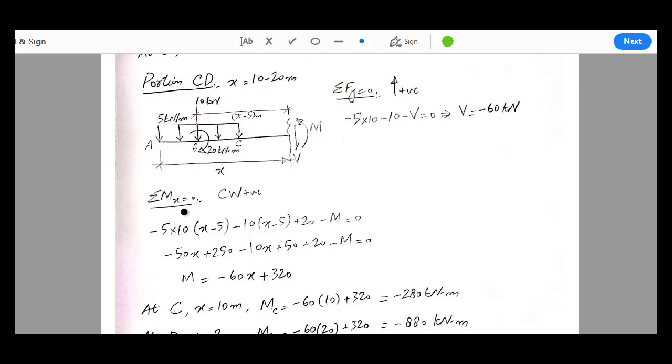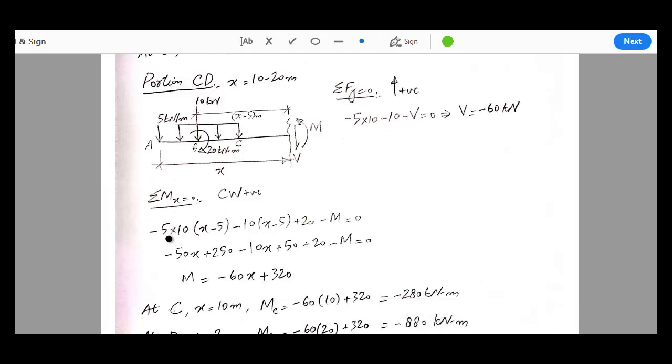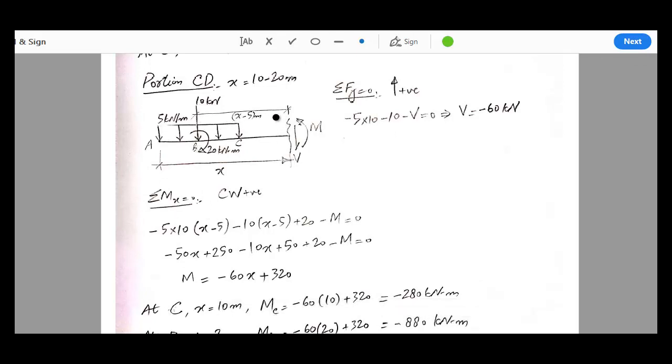Next is the equation of moment, sigma Mx equal to 0, with clockwise moment as positive. First of all, the magnitude of the UDL is minus 5 into 10. This time the entire UDL is present on the left side of the section, and the lever arm of the resultant from the section will be x minus 5, because the resultant acts at the center, and the center is at point B, and the distance between point A and point B is 5 meters.